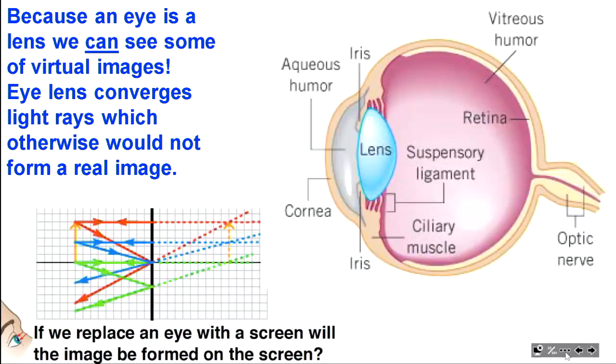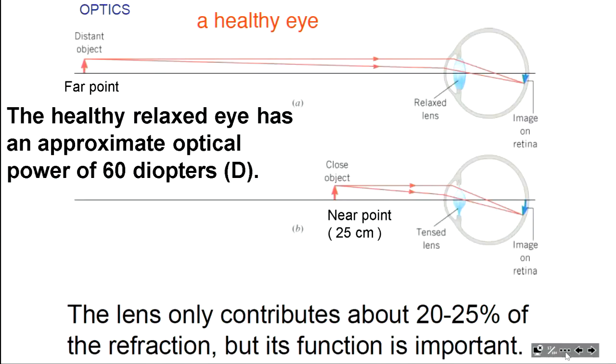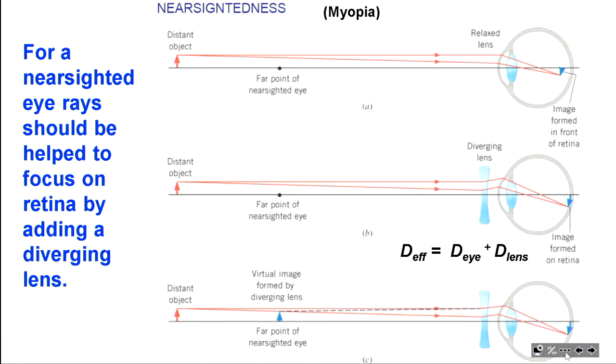So this device makes an image of an object which might be actually virtual, but our lens treats that image as an object and makes an image of that image on the retina. That's how a normal eye operates. And a normal eye for a healthy person can focus on very large distances from about 25 centimeters to technically infinity. However, if that's not the case, we have to correct the vision.